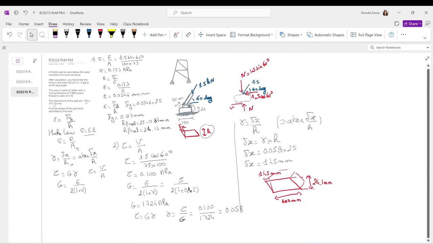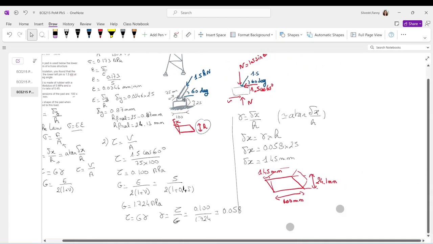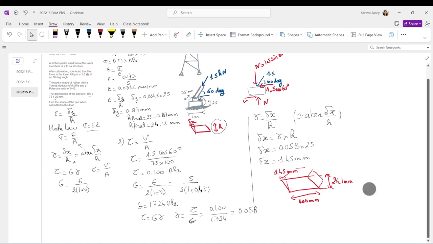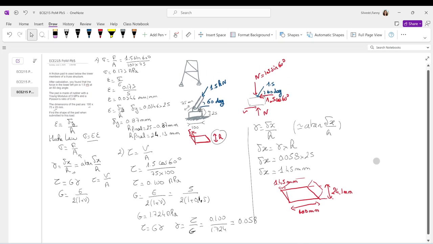Okay, so that's the step that we did. I will say, make sure that you have all the formulas available and see what you have and what you want. So in our case, we have some information of forces, some area. We have also the Young's modulus and the Poisson ratio that was provided. We were able to find easily the shear force and this area.